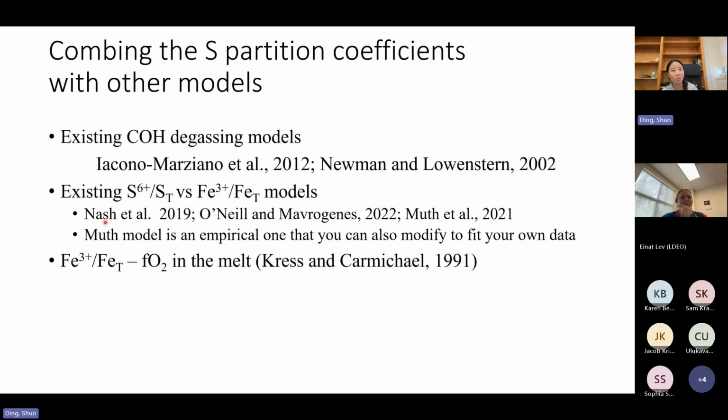I think newer studies show these models might have overestimated the temperature effect, so I recommend using this one, but you could also use Muth 2021. Again, we also need to calculate the absolute oxygen fugacity, so we use the classic Kress and Carmichael 1991 model to convert between the ferric iron ratio and fO2.